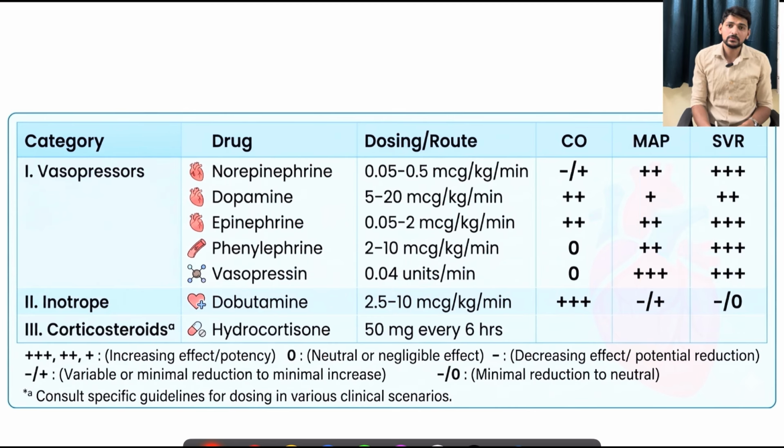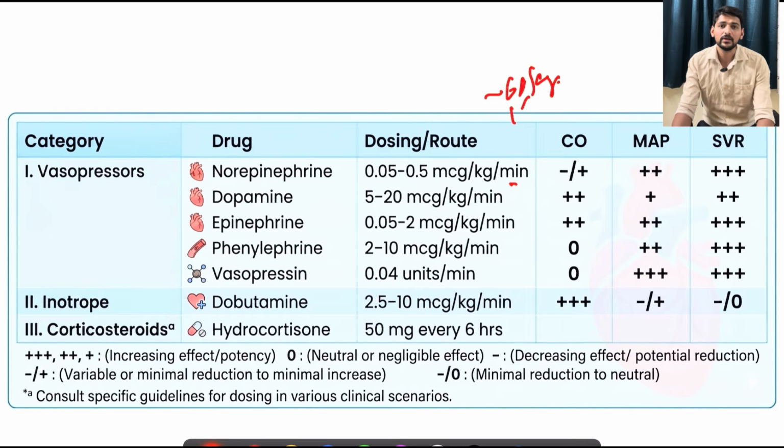And an important thing is, when it comes to septic shock and the utilization of vasopressors, we have to know the dosage and infusion rates properly. So these are all mentioned here. Consider an adult of about 60 kg as ideal.